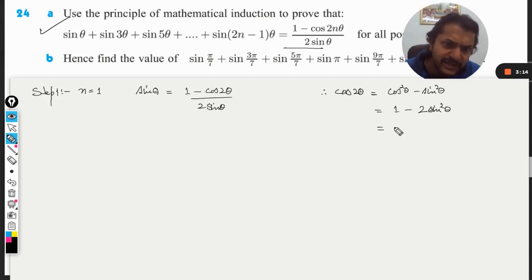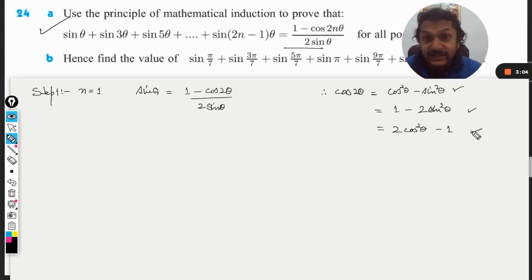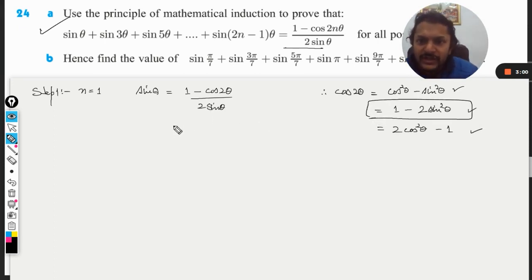We substitute it here. This is the main formula which can be taken in either form, and here we choose this one and can prove it to be correct.